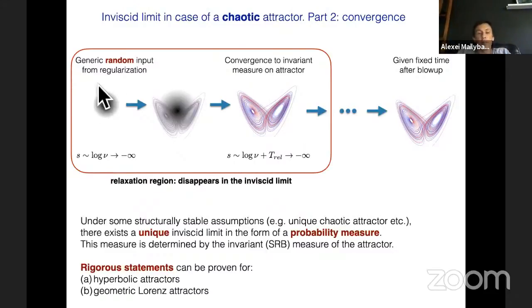So independently of what the original measure was, you finally go to the measure which describes the behavior on the attractor. Usually it's called the SRB measure or physical measure. So finally your possible solutions will be distributed on the attractor.